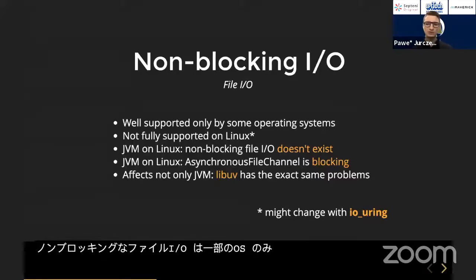For example, Node.js and its libuv library running under the hood are also affected by that. That's why libuv running on top of Linux will also use a thread pool to perform file-based operations. As I said, all of that might change with io_uring, but the JVM platform will have to adapt to that kernel module. And for example, people behind Netty are already working on that. So this is work in progress already.